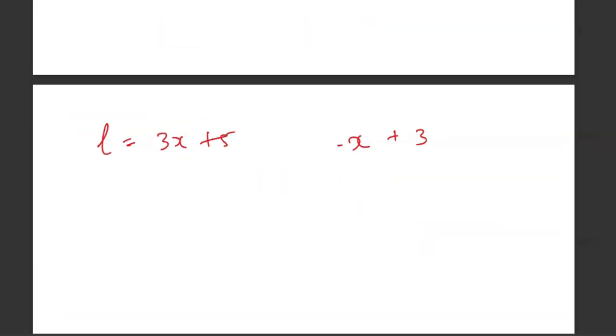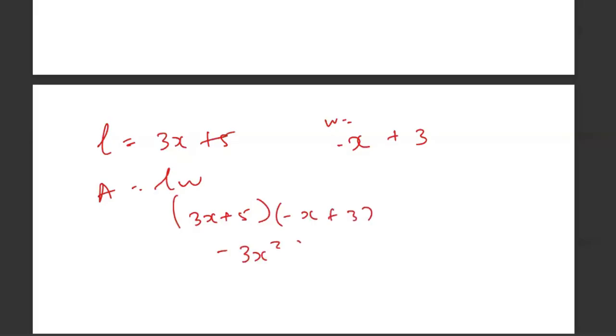Let's multiply this to get the area, because we know that area is length times the width. So 3x plus 5, then minus x plus 3. So that's going to be minus 3x squared plus 9x minus 5x plus a 15. Simplify this, which is going to be 4x plus 15.